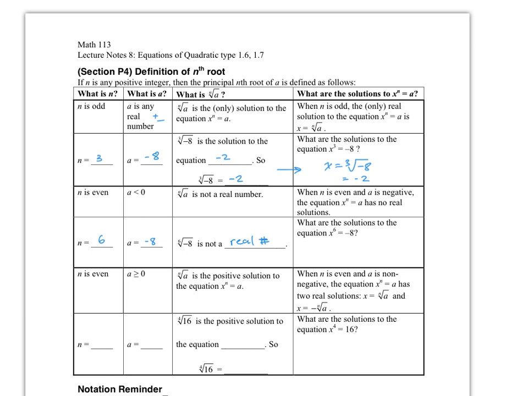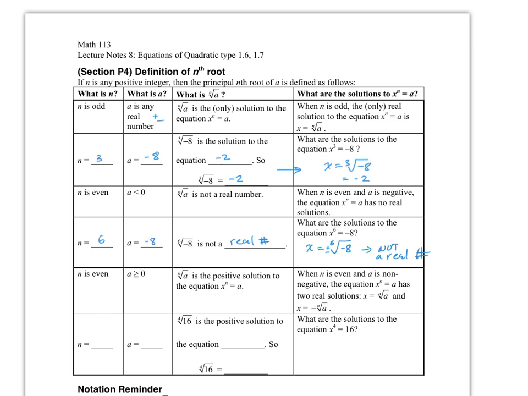Again, it has a solution in the complex numbers, but we don't care about those right now. So therefore, on the test, if I ask you to solve this, you will say that x is the 6th root of minus a. Actually, when it's even, it's plus or minus, usually. But in this case, you say not a real number.